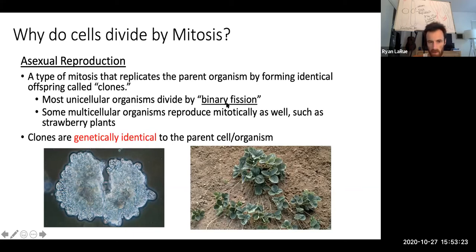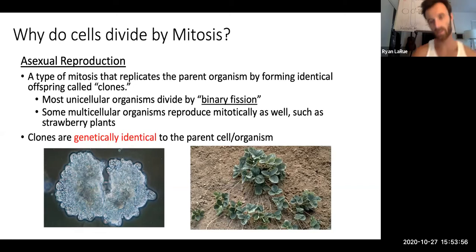It's a fancy process for a mitosis event where cells are dividing, producing two identical cells and producing clones, right? These are clones. So here, these are amoebas, or one amoeba becoming two amoebas, right? So that's a unicellular organism dividing by mitosis to produce another unicellular organism, single-celled.